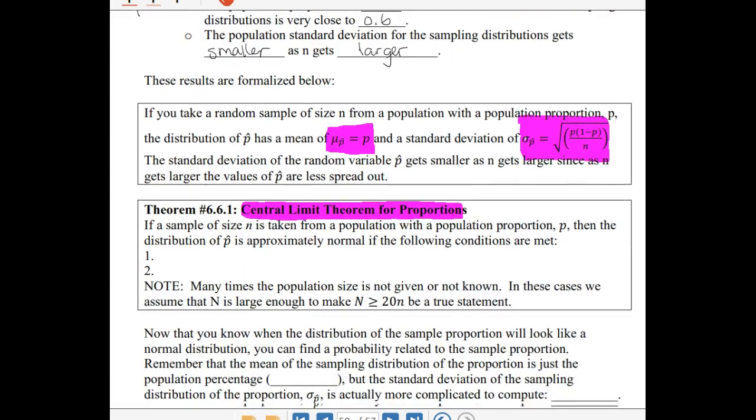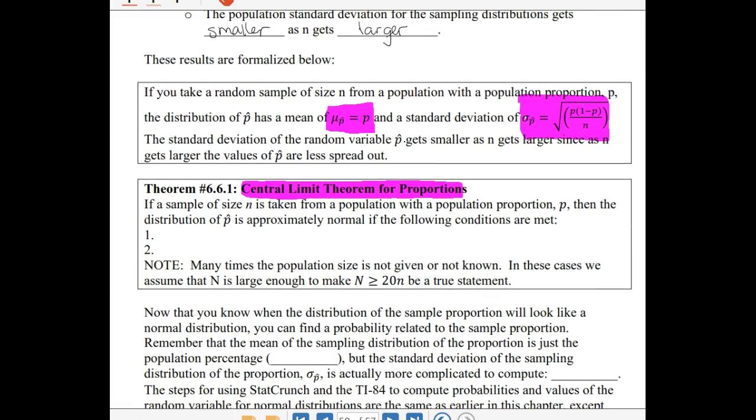All right, so these results are formalized below. For qualitative data, if you take a random sample of size n from a population with a population proportion p, the distribution of p-hat has a mean mu of p-hat equal to p. We saw that the mean of each of those distributions was very close to 0.6.